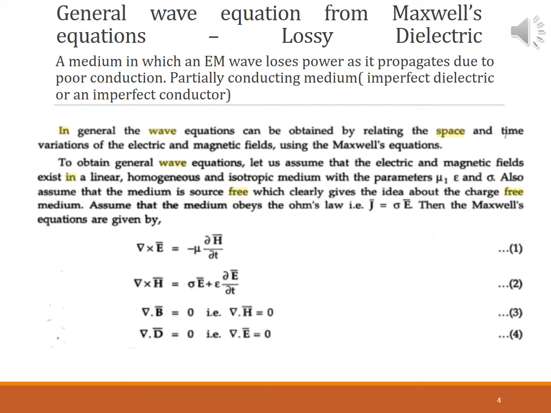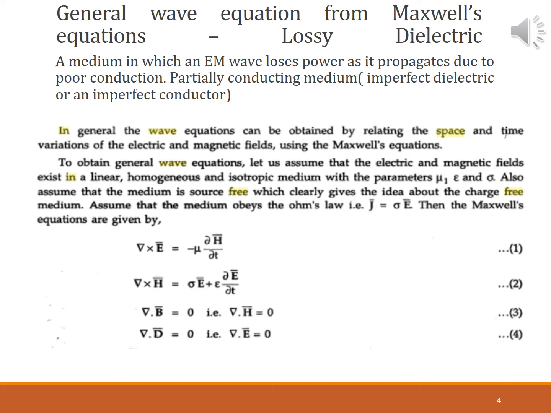The lossy dielectric is described in this way. It is a linear homogeneous isotropic medium with parameters mu, epsilon, and sigma. And we are going to assume that the medium is source free.